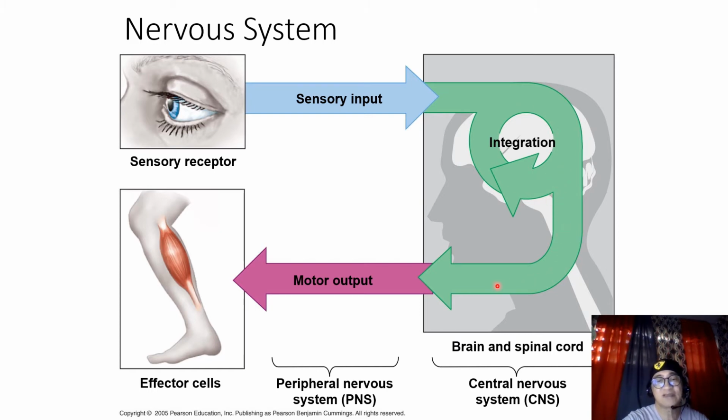And these commands are then transmitted to various effectors of the body that include muscles and glands and other specialized neurons in the peripheral nervous system via the motor output.